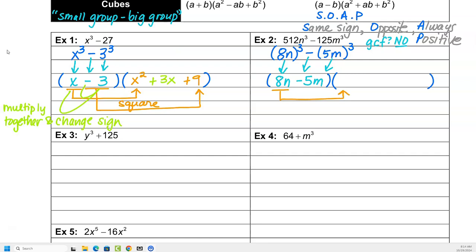What is 8n when I square the whole thing? 64n squared. Notice I squared the 8 and I squared the n. I'm squaring the whole term. Clear? I do the same thing with the minus 5m. When I square the minus 5m, you're going to get plus 25m squared.